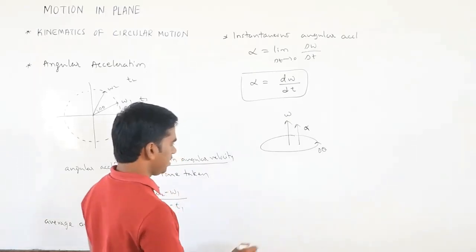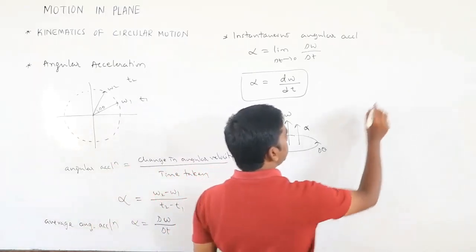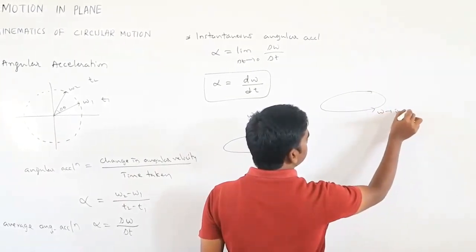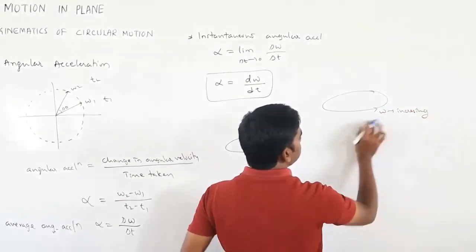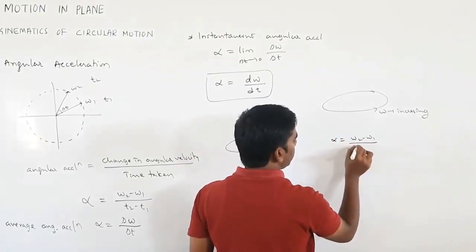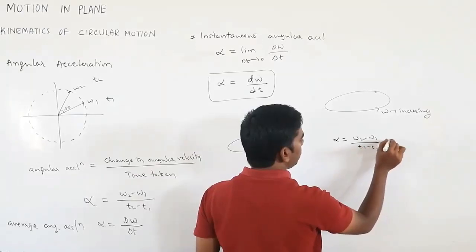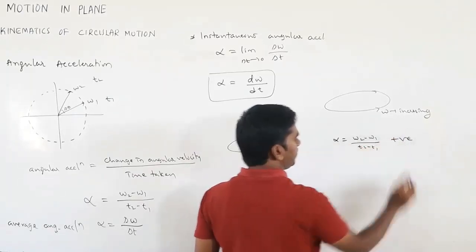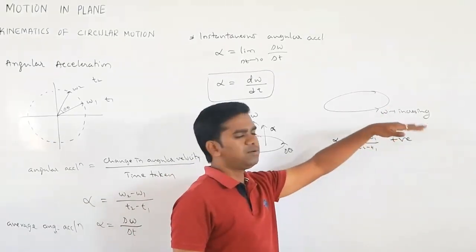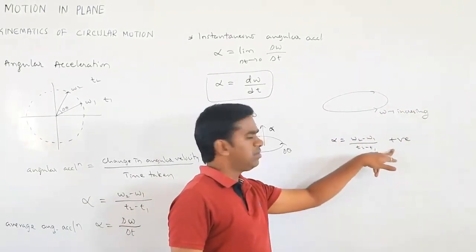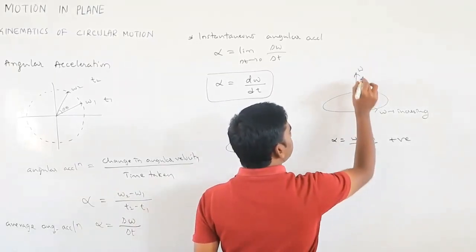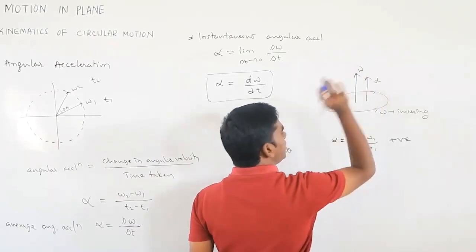Very important. Remember, suppose omega is increasing. Then alpha equals omega 2 minus omega 1 by t2 minus t1 becomes positive. If it is going from 10 to 20, 20 minus 10 is positive. So omega is in this direction, alpha is also in this direction.